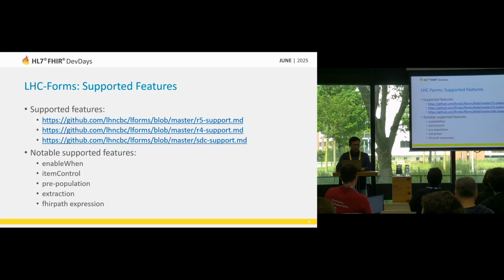Here is the list of supported features for different versions of the FHIR SDC questionnaire. There are major features we support, like enableWhen, I guess almost 70% to 80% of the code in the item control, and the pre-population and extraction, and also we support the FHIR expression.